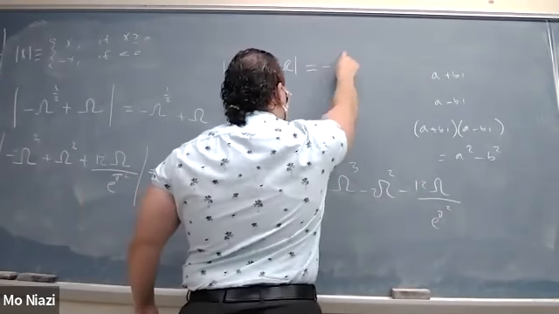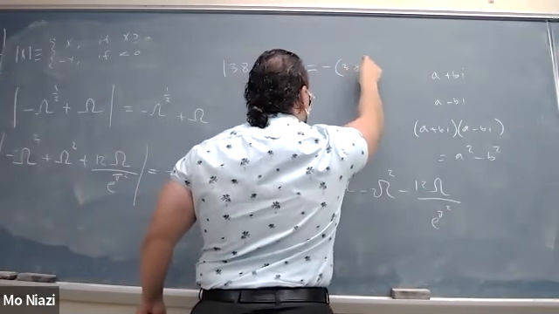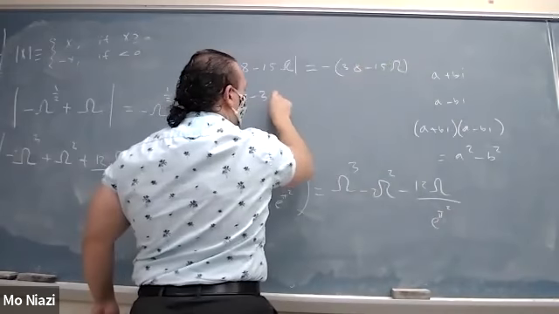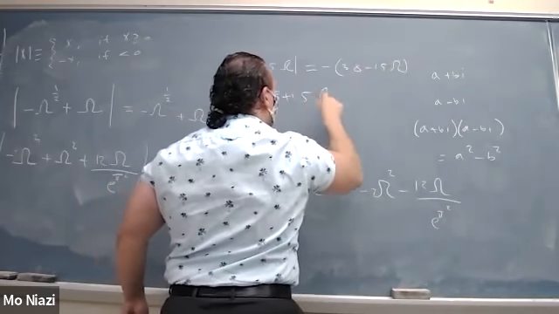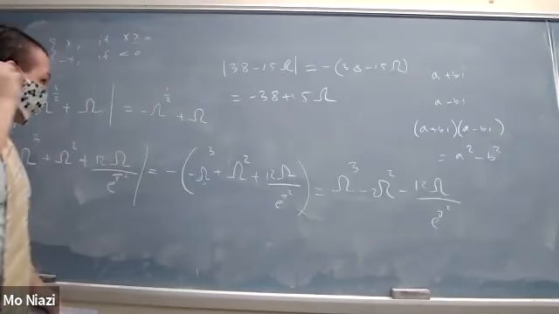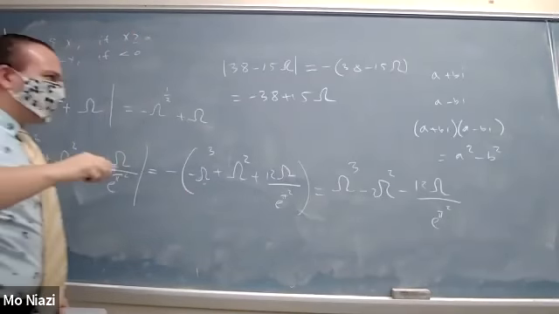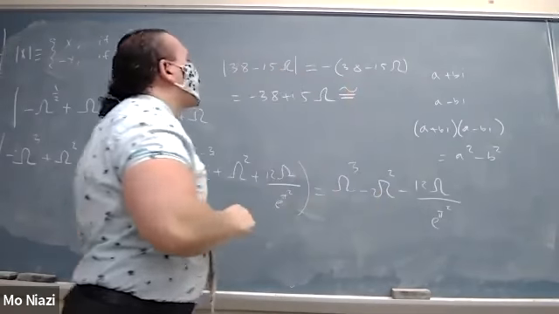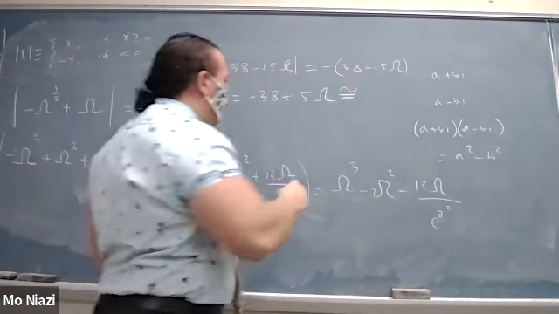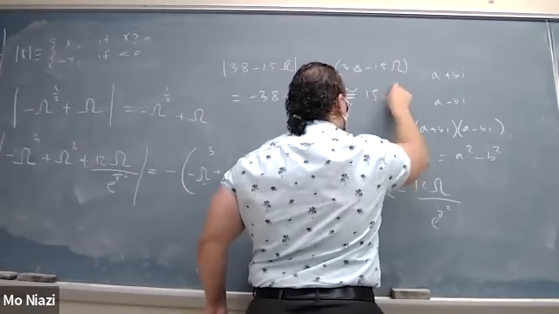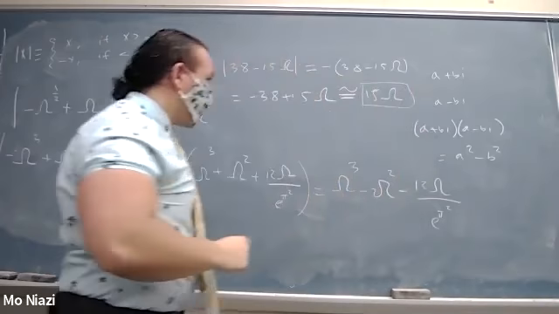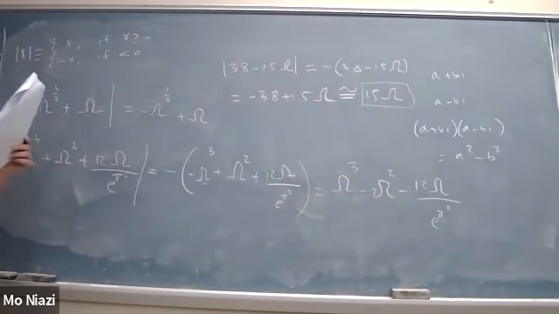So you're saying that we got to put a minus sign out here? Which then equals. So what does this approximate to? 15 omega. Why? Because the other one is too small, so it's kind of like nothing compared to that 15 omega.